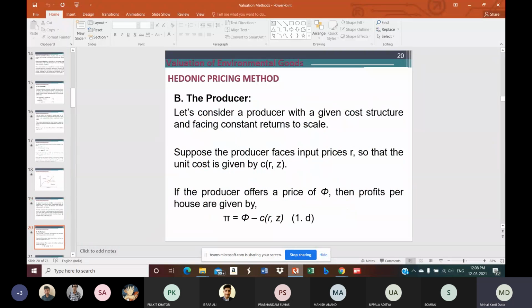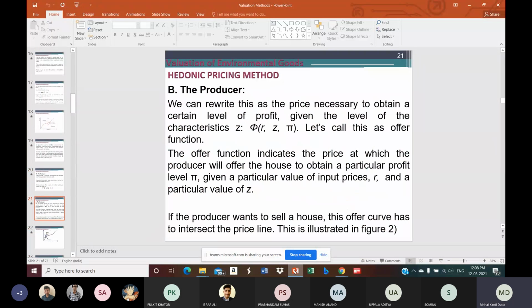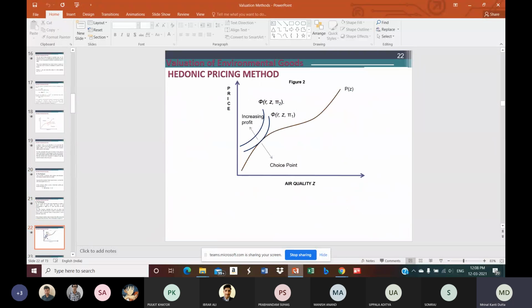And we can also look at the thing from the point of view of the producer. Here, actually, we try to maximize the profit in a sense. The profit might again be a function of different attributes. So we can find out the profit function. The shape of the profit function will be different. The choice point again will be the tension between this price function and the profit function.